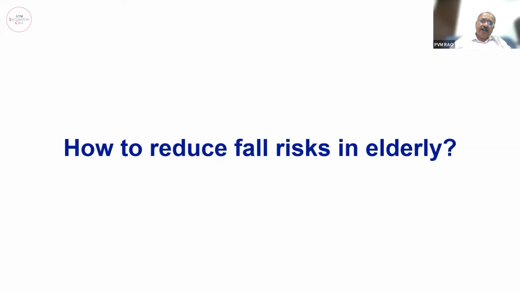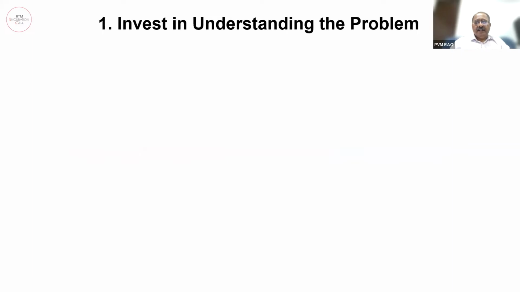So let me start with the first point. First point says, before you actually come up with a solution, it is always important and necessary to do some research on the problem itself and postpone identifying a solution to a later part of the problem solving.